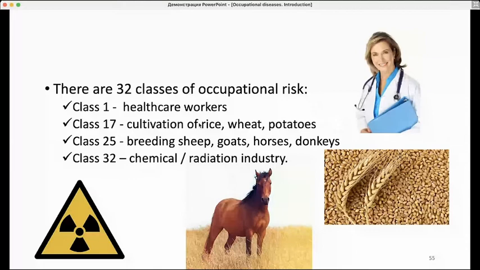And that's why each employer pays for each of his employees, for example, $10 as tax. But class 32 is for the chemical or radiation industry, which is associated with the highest occupational risk.